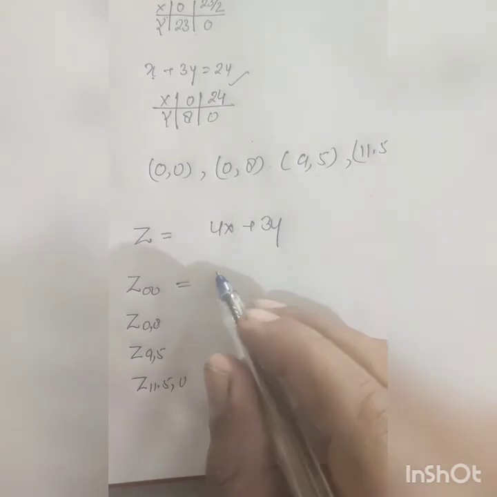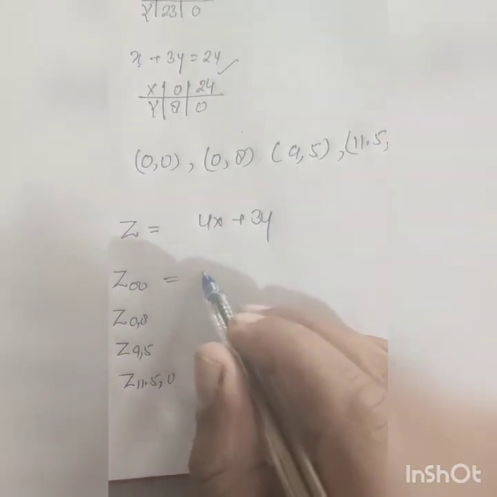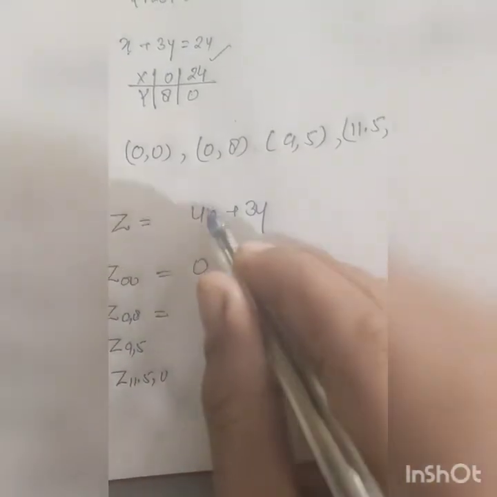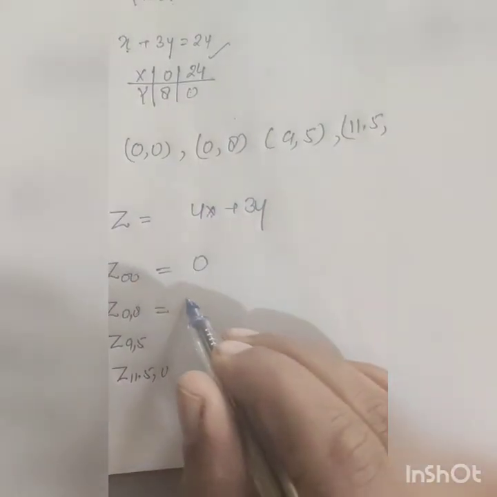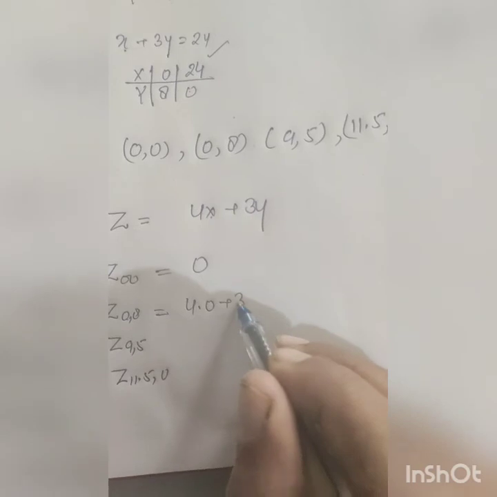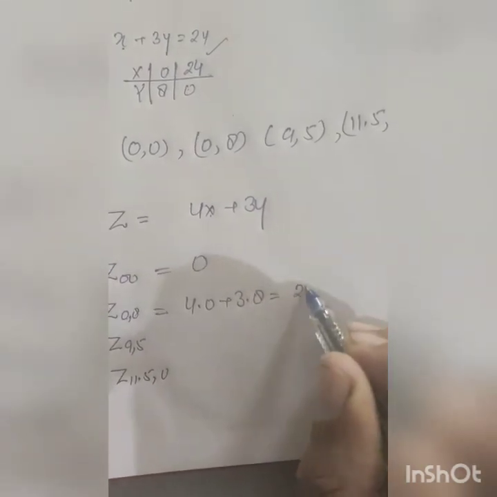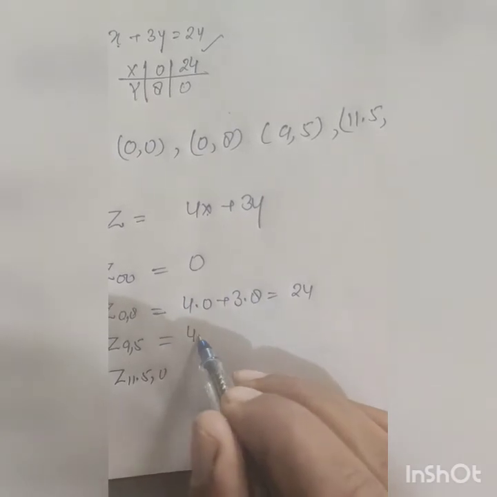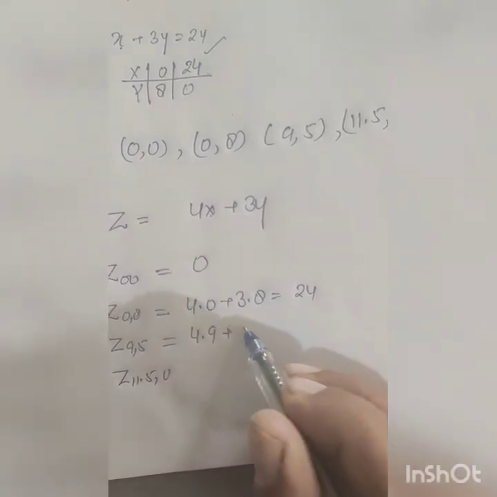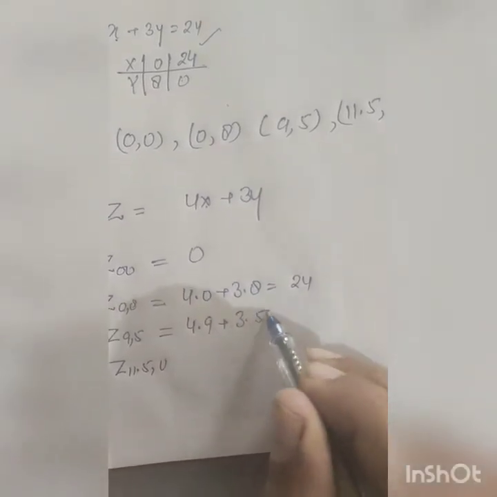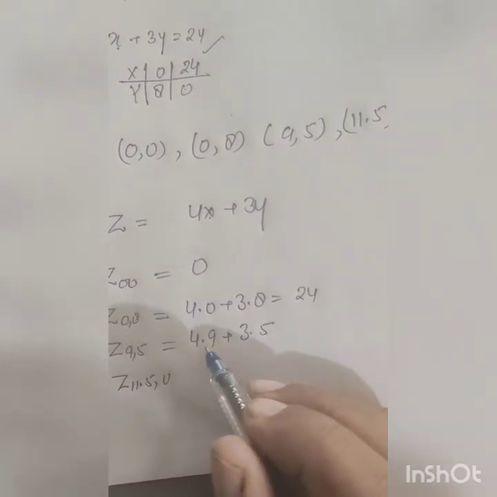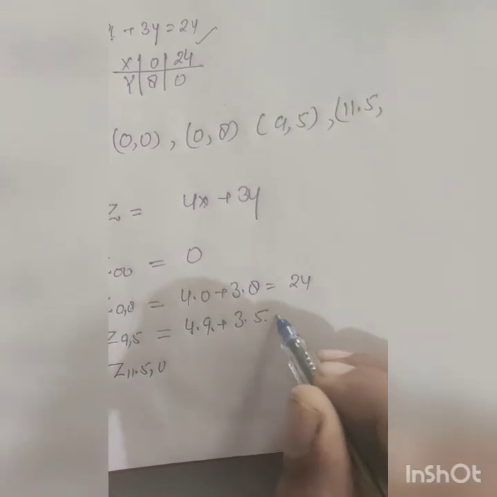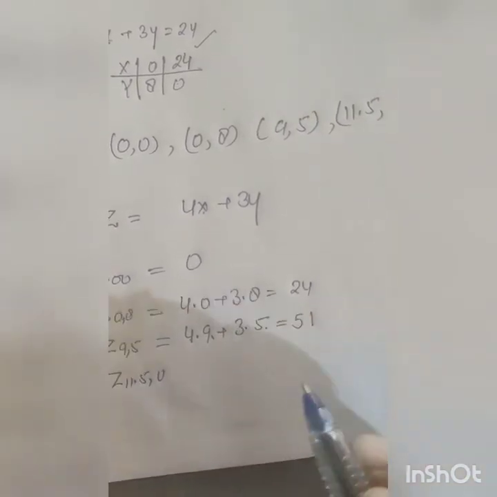When we put 0, 0 into the objective function, it becomes 0. When we put 0, 8, we get 24. For x as 9 and y as 5, it comes to 36 plus 15, that is 51.